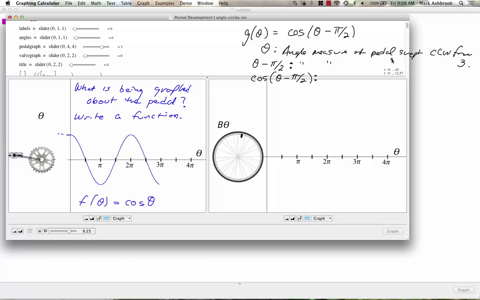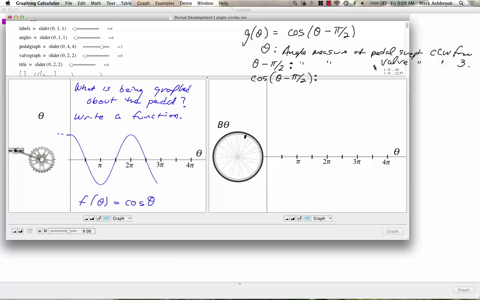So angle measure of the valve swept counterclockwise from 3 o'clock. Does the picture show that? Is that what the animation is showing? How is the animation showing that?